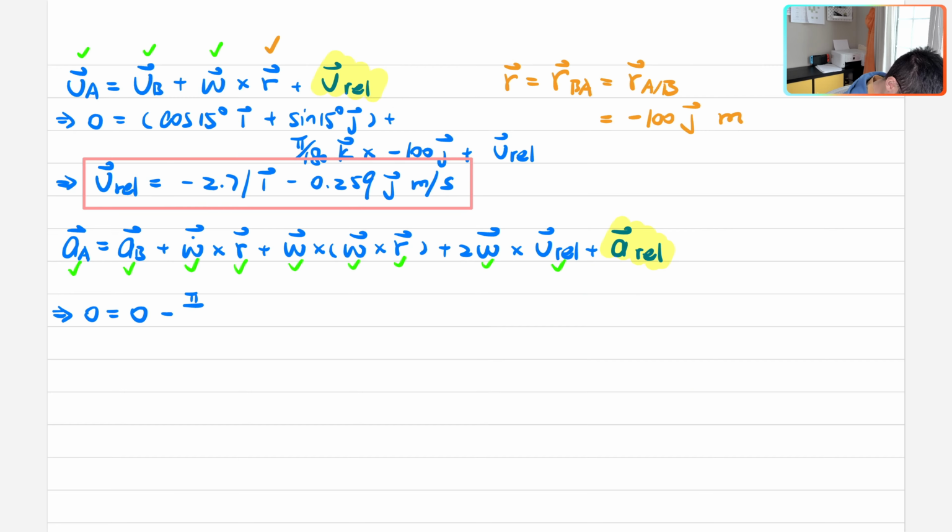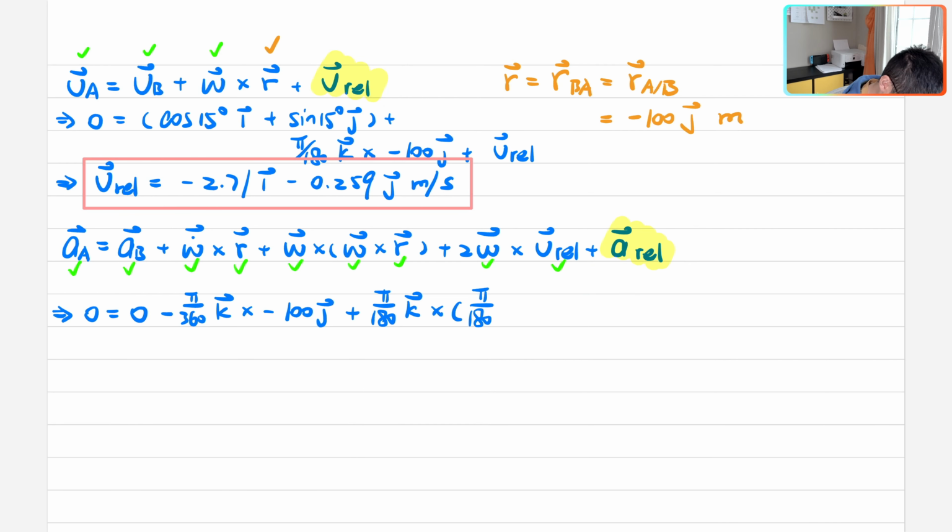Be very careful when you are copying down numbers. Plus pi over 180k cross, we'll do a cross within the cross first.